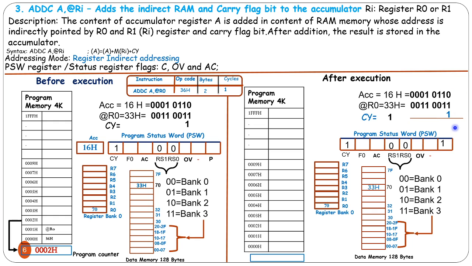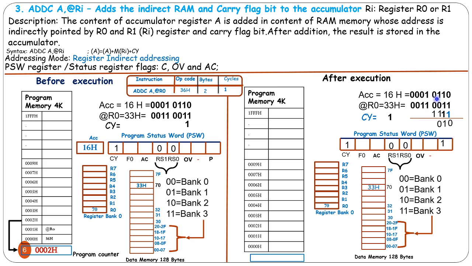So this addition takes place: 0 plus 1 plus 1, answer will be 0, carry will be 1. Now 1 plus 1 plus 1, the sum is 1, carry is also 1. 1 plus 0 plus 1, sum will be 0, carry will be 1. So here carry 1, sum 0.